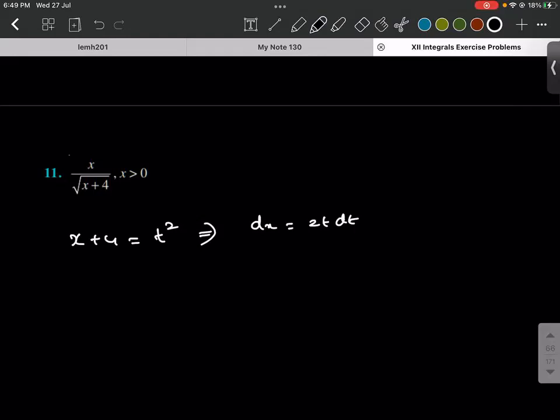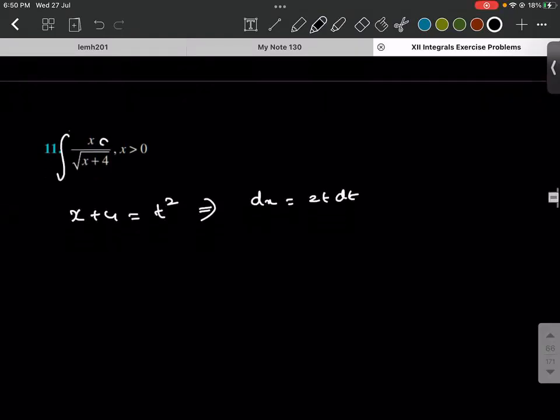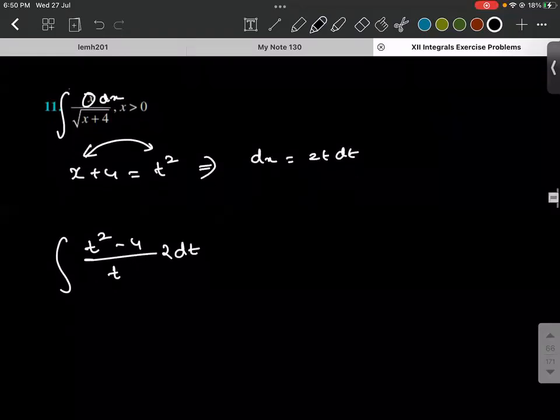Yeah, derivative of x is dx. So this will be integral of x dx. So in the place of x, what can I substitute? x plus 4 is t square, so x is t square minus 4, divided by t, into 2t dt. Oh, sorry, 2t dt. Yeah.